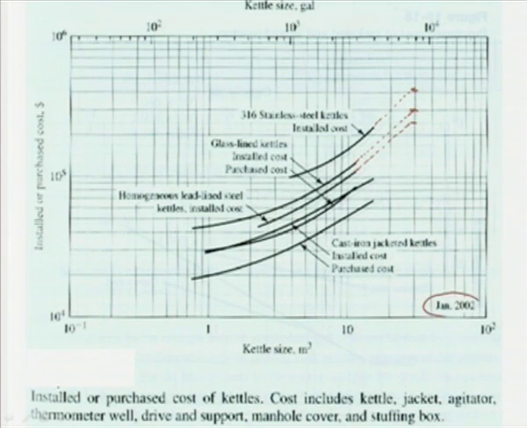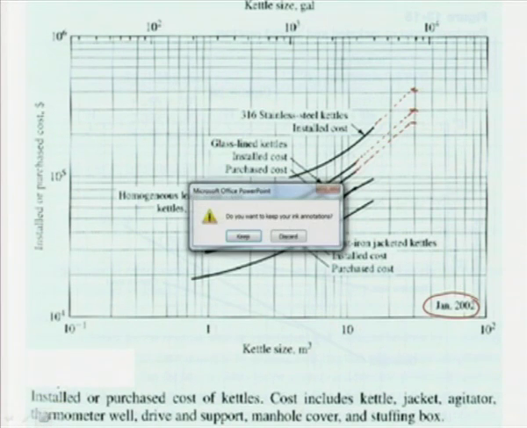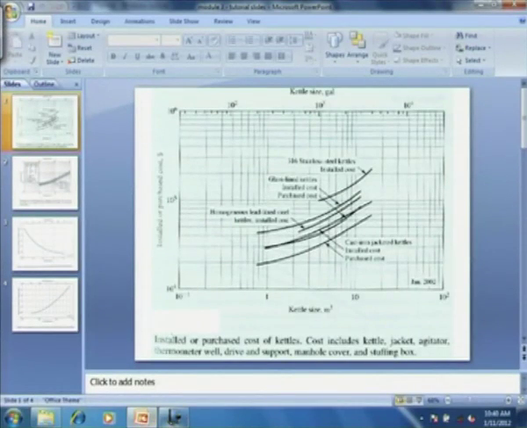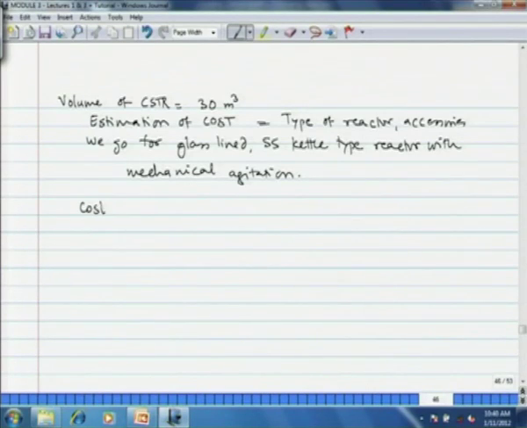Remember again, this is the cost correlation made in January 2002. Okay, we have to update the cost information. Cost of glass lined kettle is $300,000, installed cost.